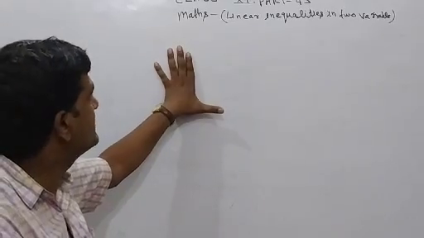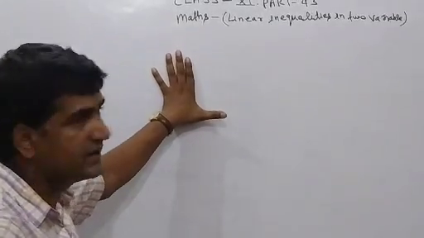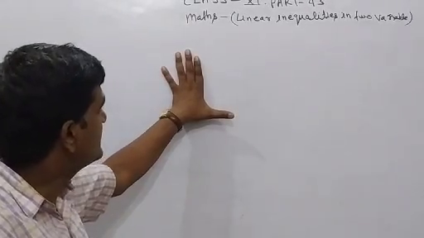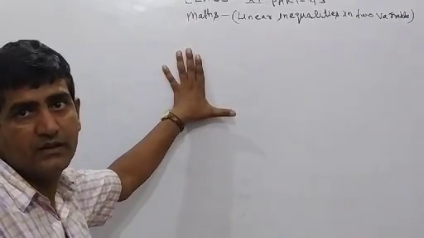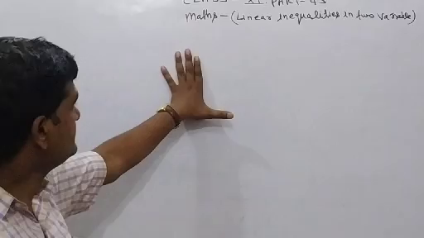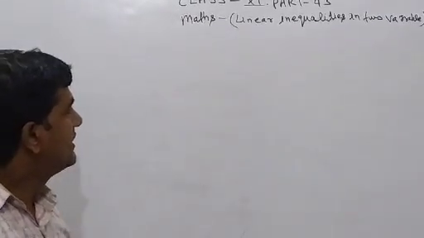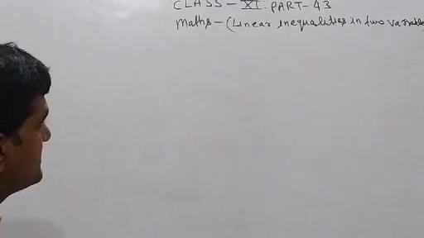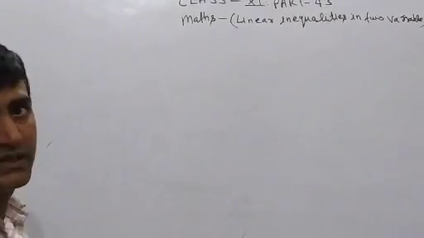In the previous video I already solved some questions based on linear inequalities in one variable with the graph. Clear? And here I am going to solve questions based on linear inequalities in two variables.